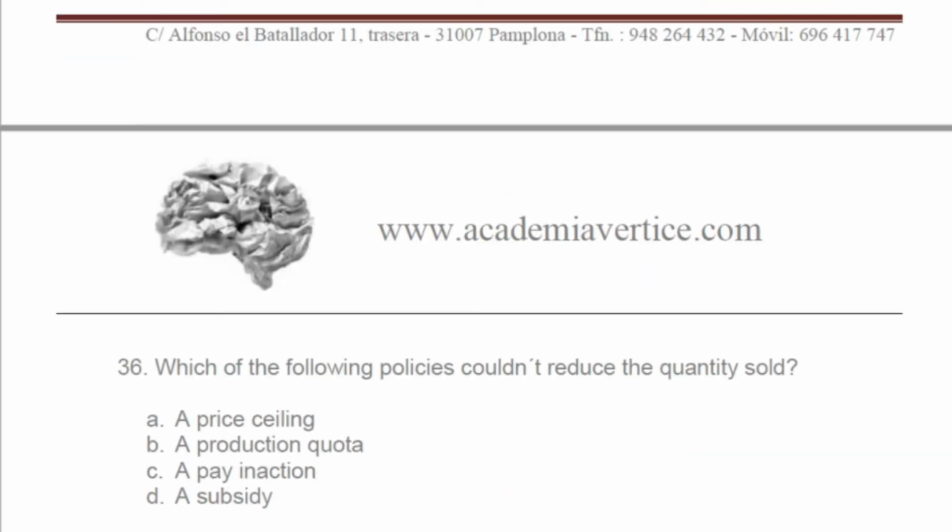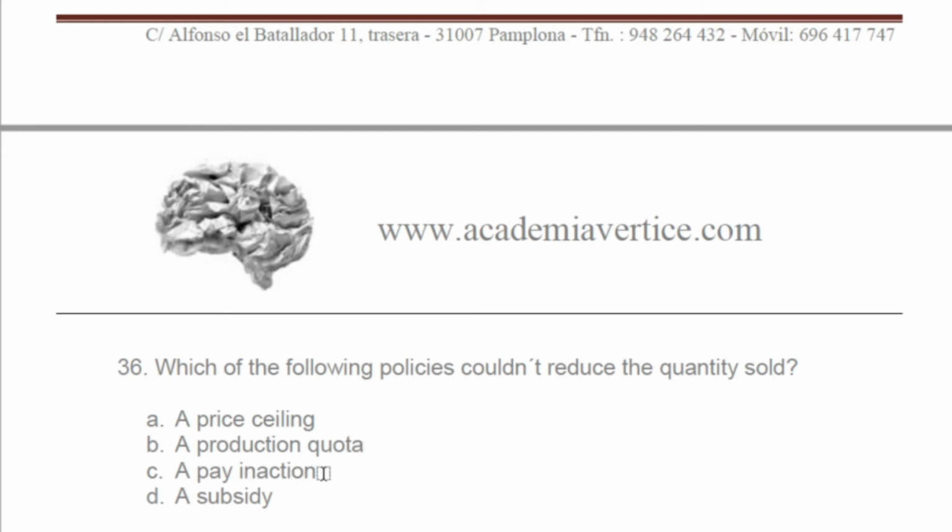Well, 36th. Which of the following policies couldn't reduce the quantity sold? Well, a price ceiling, of course, it may reduce it. A production quota, yes, it may reduce if it's binding.